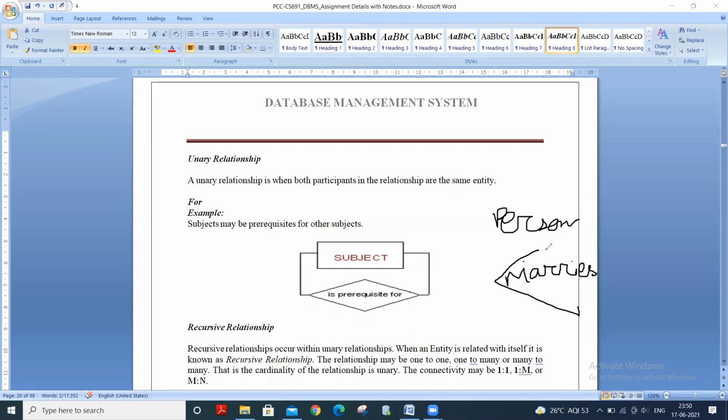Okay, marries is here the relationship. A person marries a person. Okay. So here male and here female. But both are the person. Both are persons. Okay. So it is also a type of unary relationship.